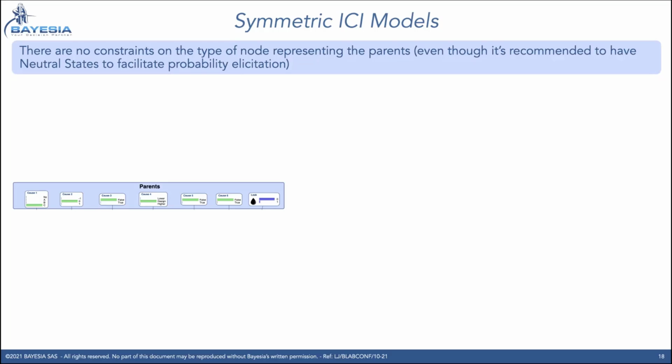In this symmetric ICI model, we don't have any constraint for that. The only thing, it's not really a constraint, but it is nice to have, is what we call a neutral state, right? When you use a Boolean variable, in the example of the causes and the symptoms, the neutral state is false. So if there is no cause, indeed there is no effect. So we are usually trying to have such a neutral state.